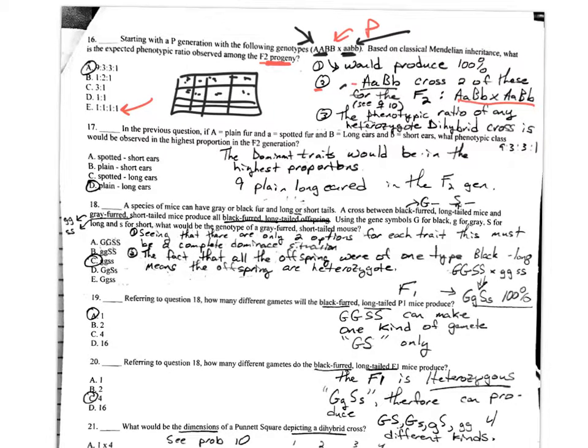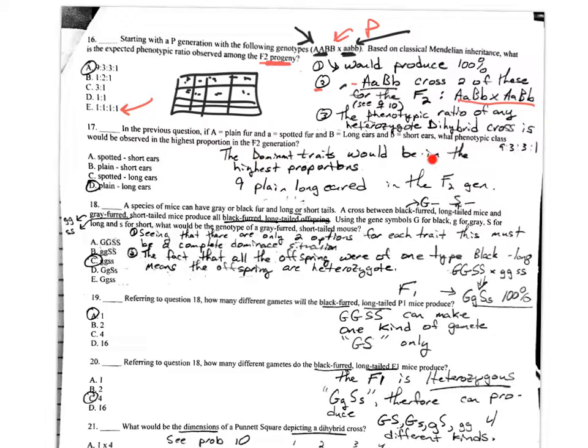All right, so let's look at 17. In the previous question, A equals plain fur, B equals long ears, and little b equals short ears, right? Are we good with that? They did you a favor and automatically told you what the dominant and recessive ones were.